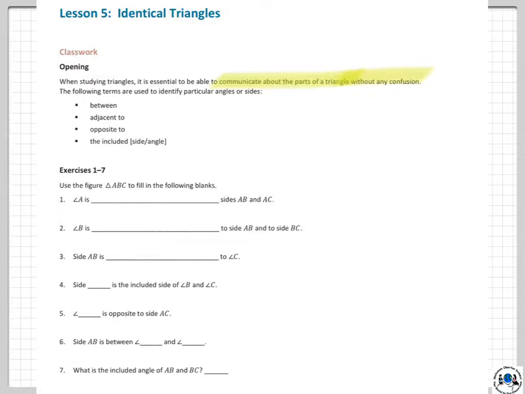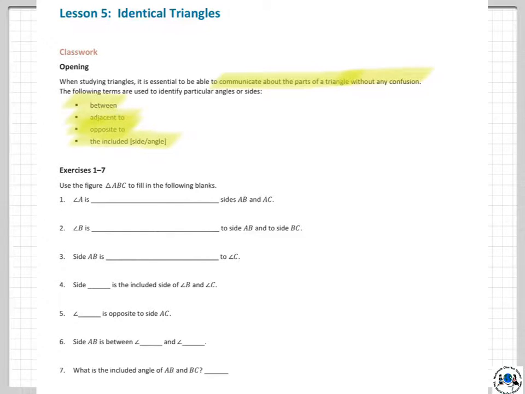Words such as between, adjacent to, and we've talked about adjacent angles like next to one another, opposite to, and the included, which could refer to either a side or an angle.